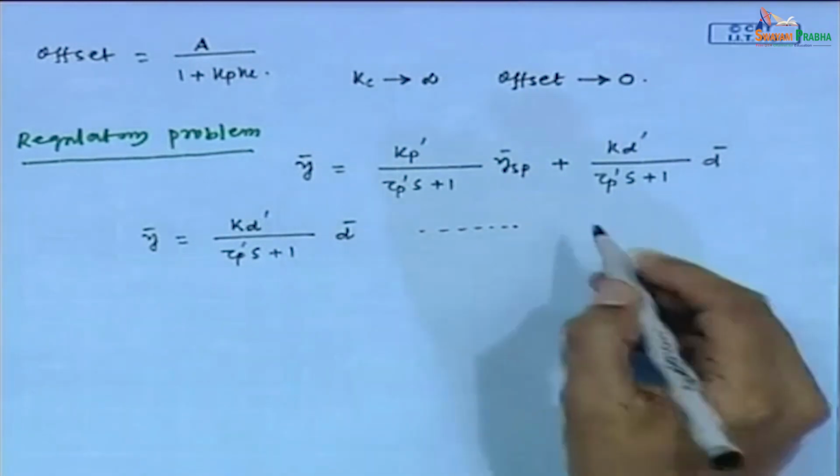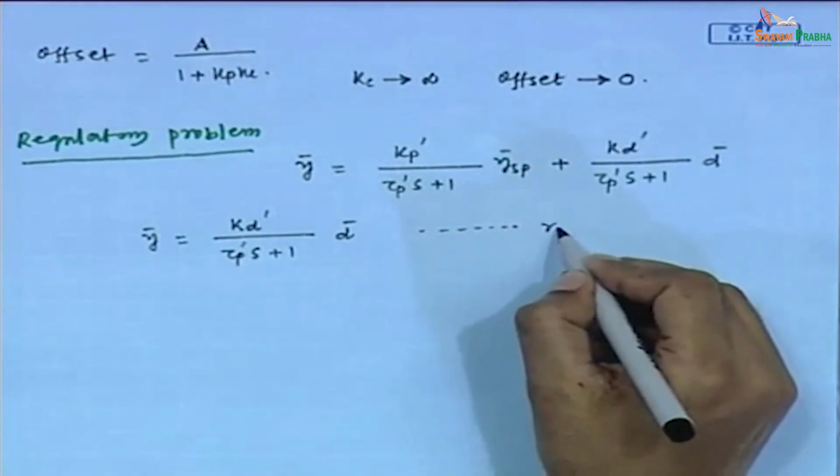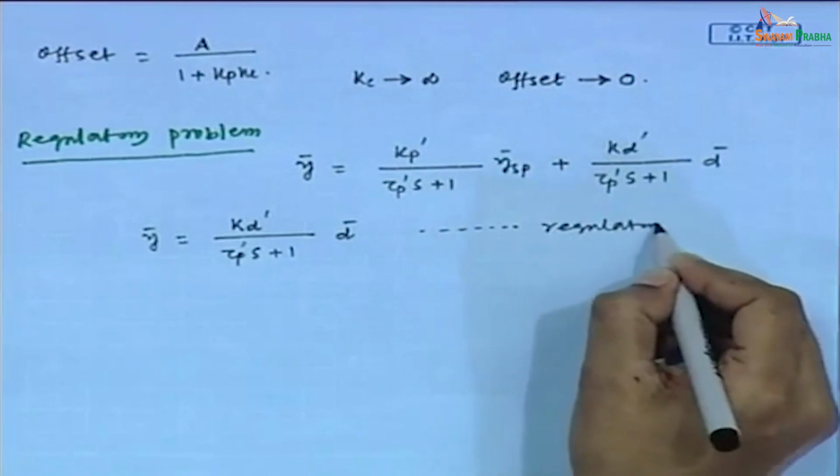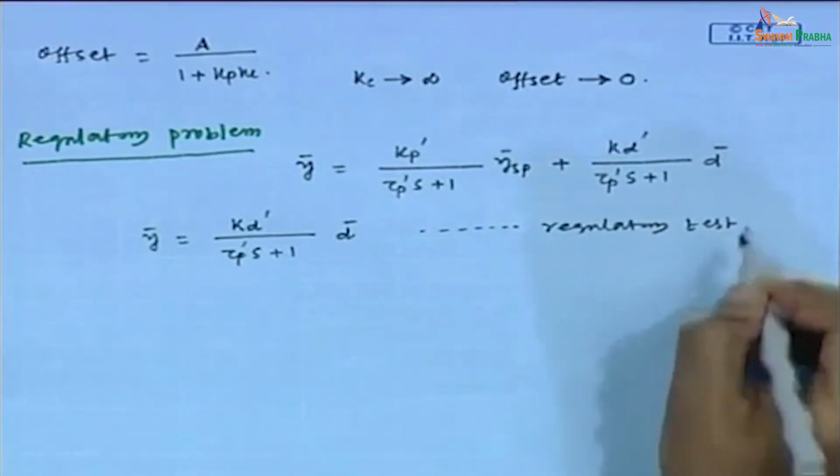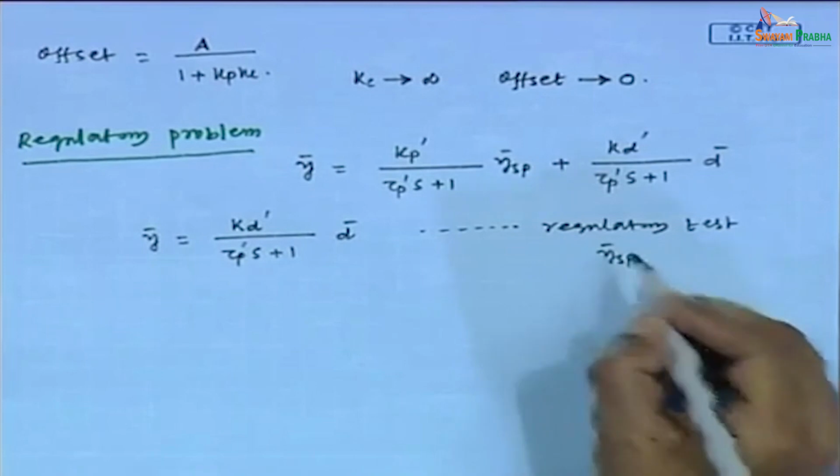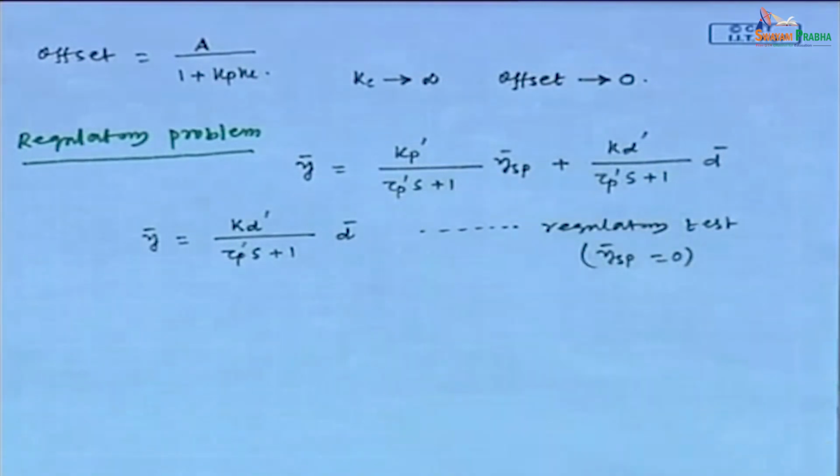This is the closed loop transfer function for the regulatory test, where no change in y set point is considered.